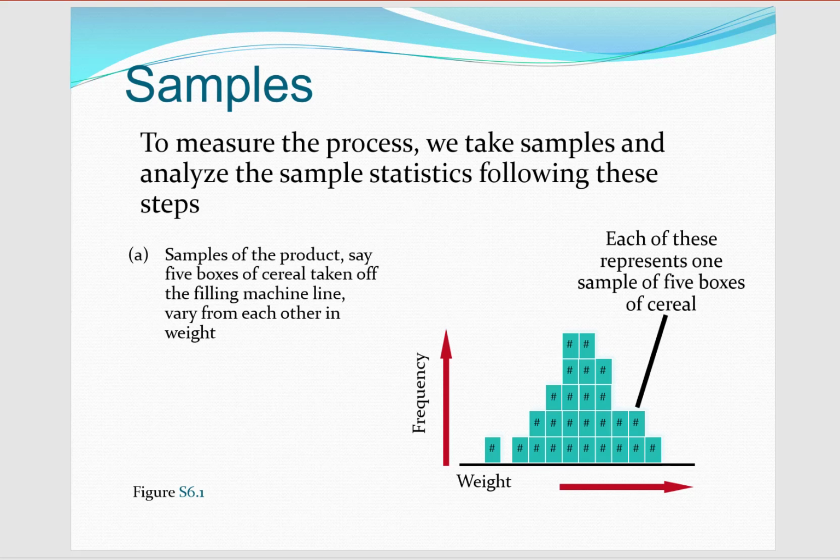How SPC works is that we measure the process and we take samples and we analyze the sample statistics following these steps. So samples, let's say, of 5 boxes of cereal are taken every hour on the hour, right?